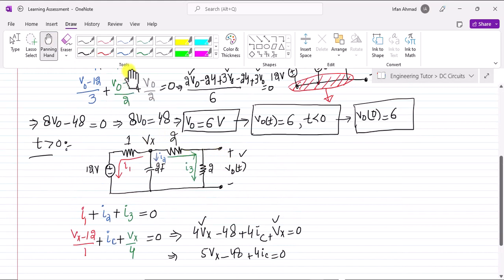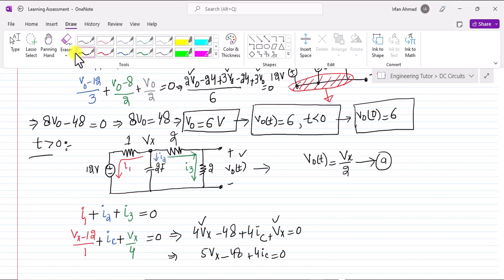After finding the value of Vx, as the two resistors are the same here, V naught of t will be equal to Vx divided by 2. Let me call it equation A.